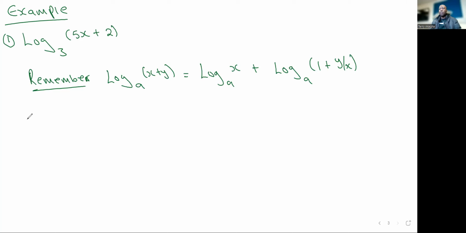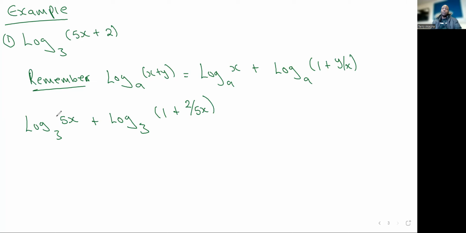So that is going to give us log base 3 of 5x plus log base 3 of (1 plus 2 divided by 5x).